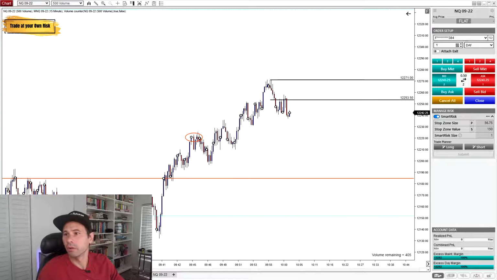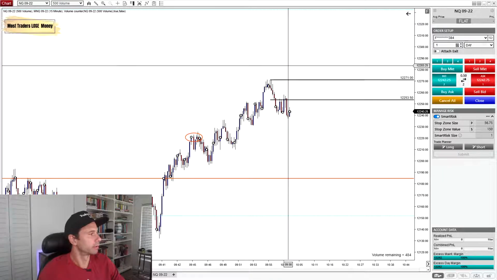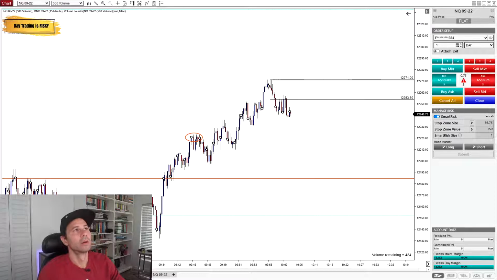Pretty bullish candle on the 30-minute. We retested the market open and then, sorry, we retested this high, 820.